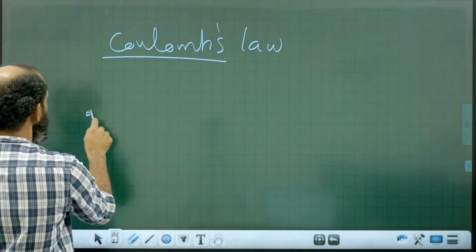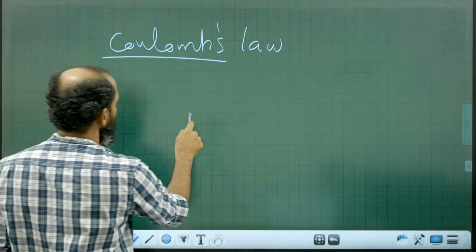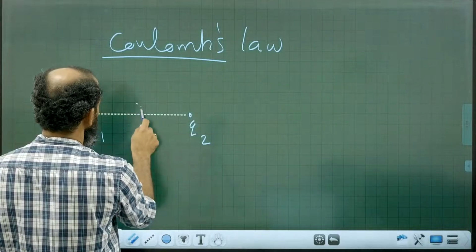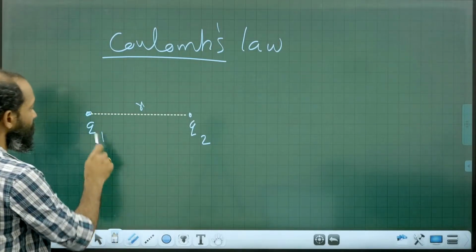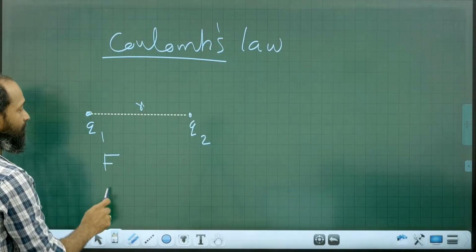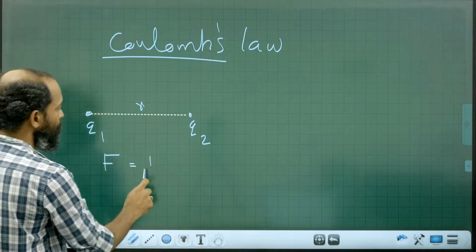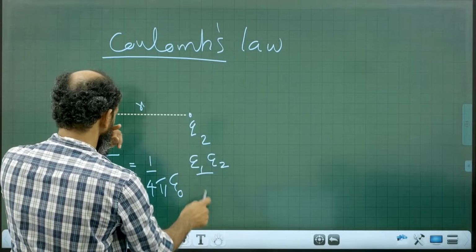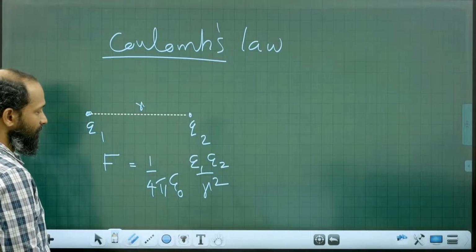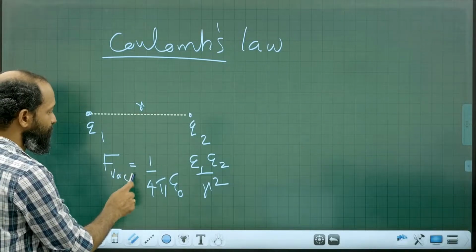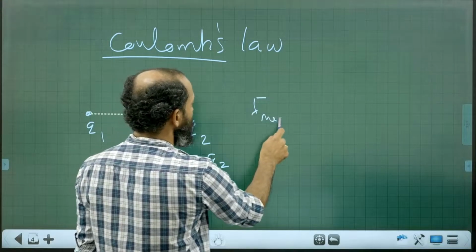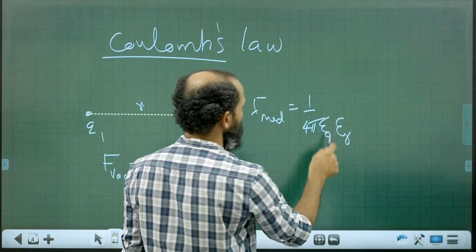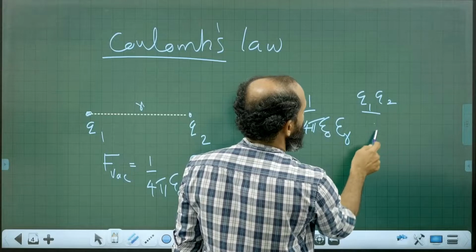In vacuum, charges are Q1 and Q2 separated by a straight line distance R. Then these two charges are under electrostatic force equal to 1 by 4 pi epsilon 0 Q1 Q2 divided by R square. That is in vacuum, but in another medium it can be written as 1 by 4 pi epsilon 0 epsilon R Q1 Q2 divided by R square.